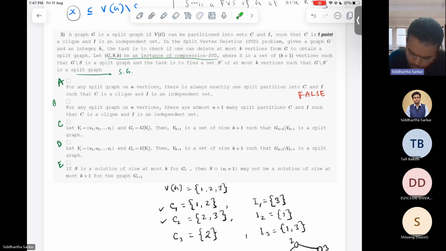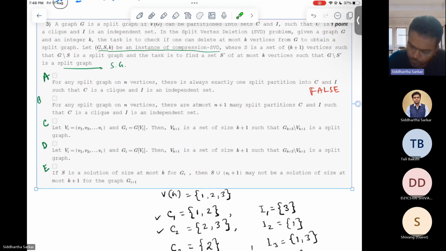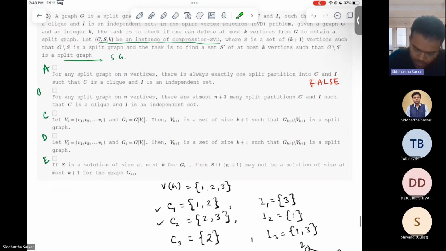So this is saying that if you have an ordering of the vertices, so you're looking at the first I vertices of the graph, and you call it, let us say, V sub I.